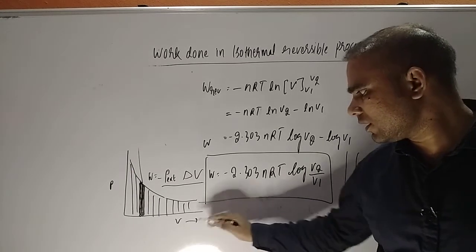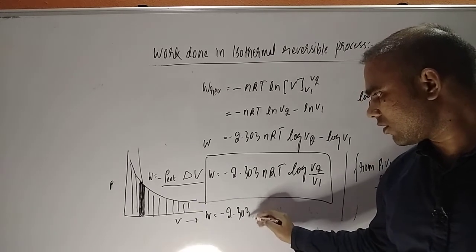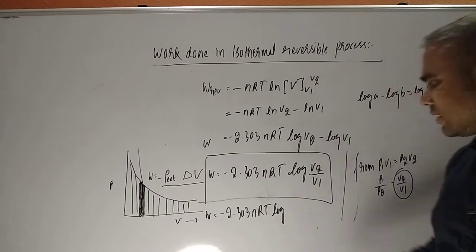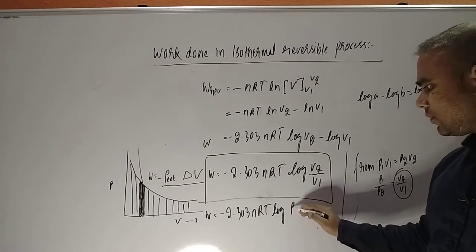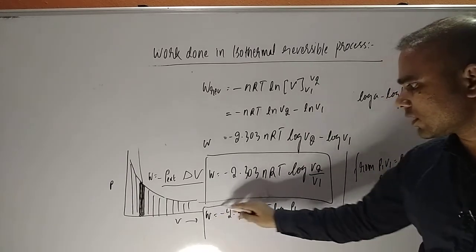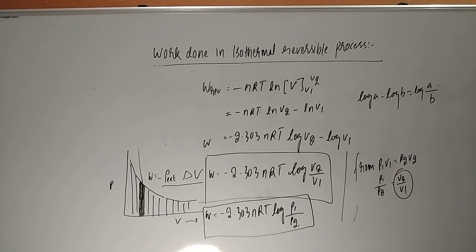So W is equal to minus 2.303 nRT log P1 upon P2. This is our expression for the work done in the isothermal reversible process.